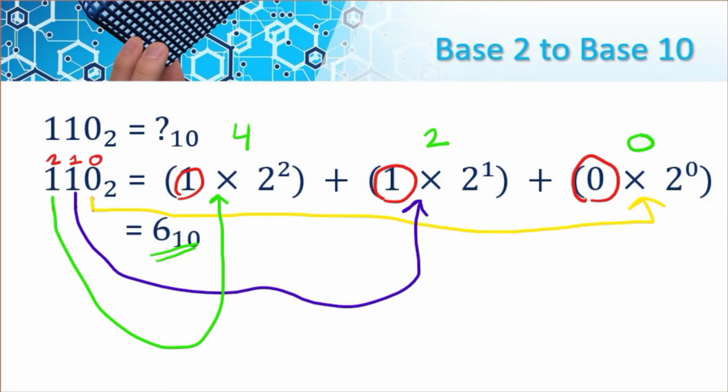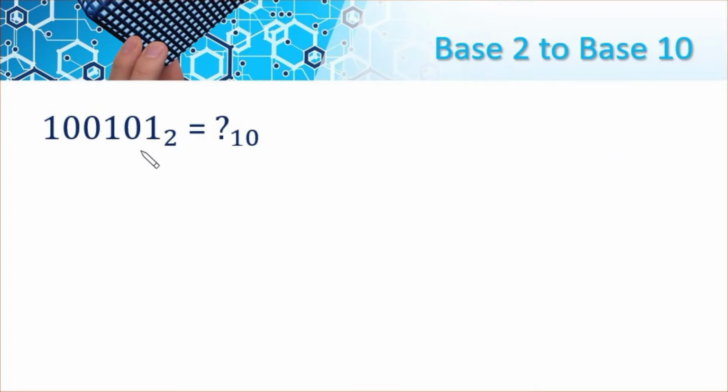So let's try another example. So we have this kind of problem. So we have binary 100101. So atong i-compute, class, what is the equivalent value in base 10. So again, ato ra siya the same solution.